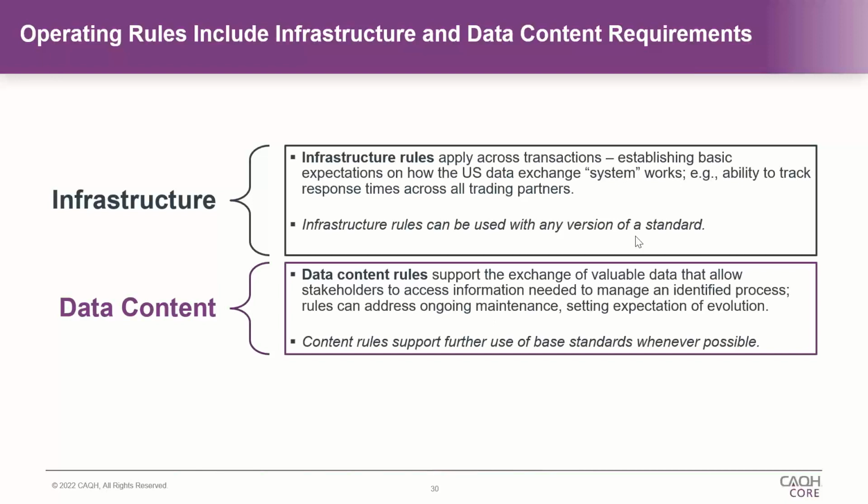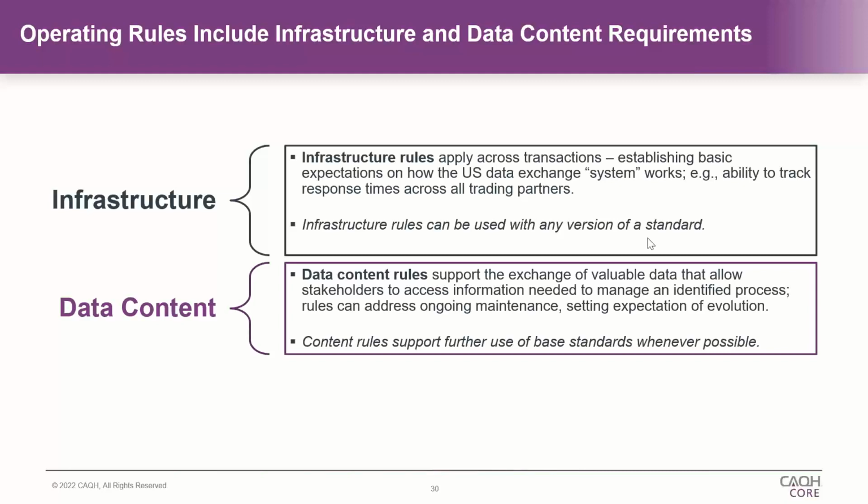Data content rules support the exchange of data and allow stakeholders to access information they need to manage an identified process. So they really enhance the requirements within the standards and build on that. These rules can address ongoing maintenance, and many of these rules have ongoing maintenance and set expectations for evolution over time. And the rules really support further use of the base standards whenever possible.